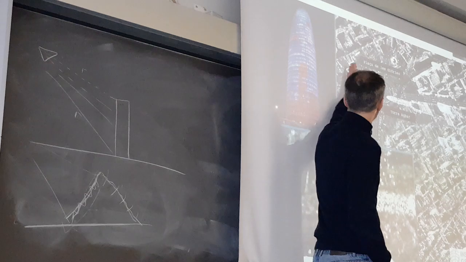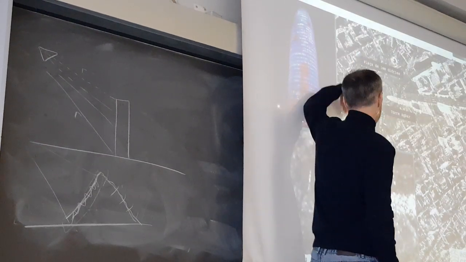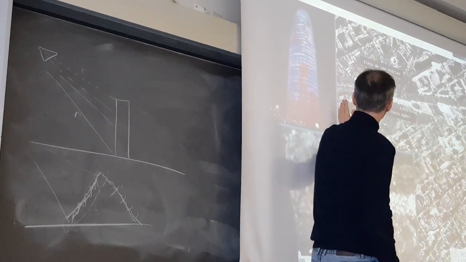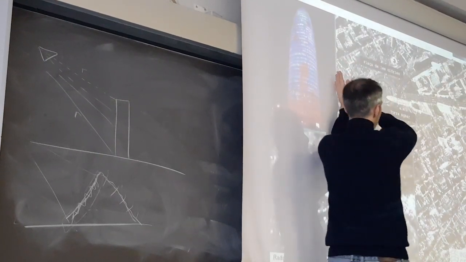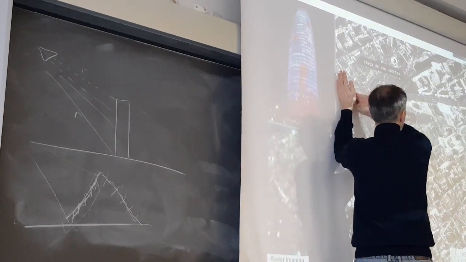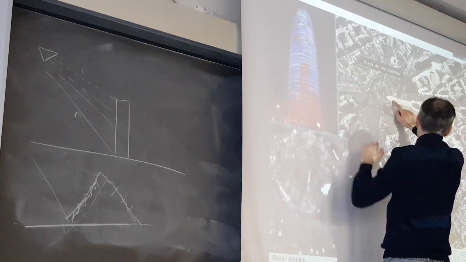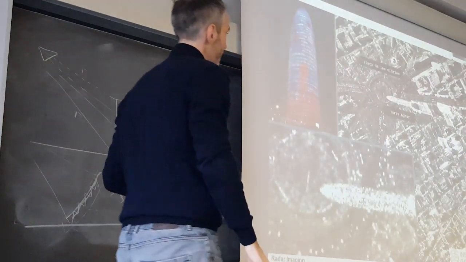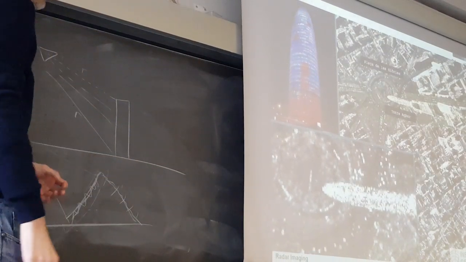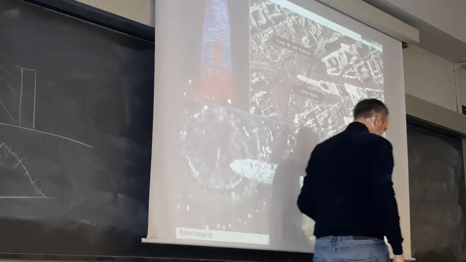So the radar has to fly this way, or let's say the flight trajectory is here, because this is the closest point. So first comes the top and then the bottom, and this is the facade of the building. You see in this case that this building appears upside down.